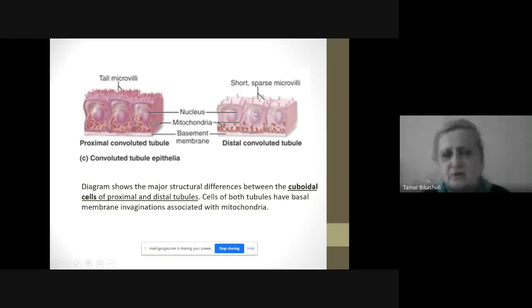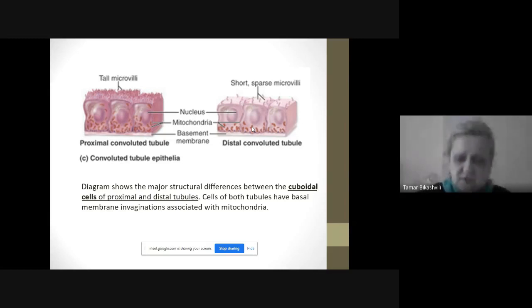Distal convoluted tubule cells are also cuboidal, with a few microvilli and some mitochondria, but not so many. So they are less active cells compared to the proximal convoluted tubule cells.